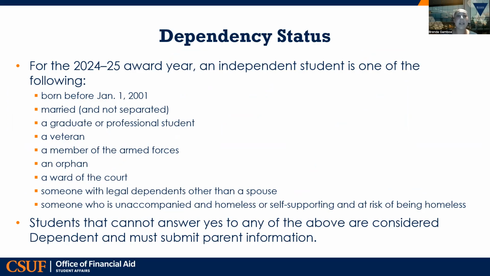The student must be a graduate or professional student, a veteran, a member of the armed forces, an orphan, a ward of the court, someone with legal dependents other than a spouse, someone who's unaccompanied and homeless or self-supporting and at risk of being homeless. Students that cannot answer yes to any of the above are considered dependent and must submit parental information. So that's very important.